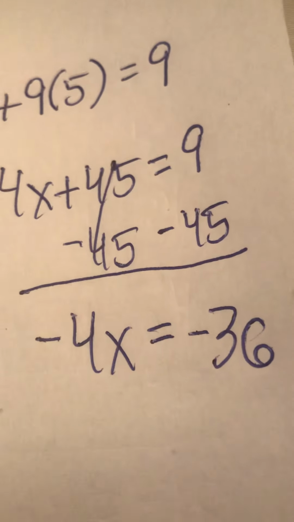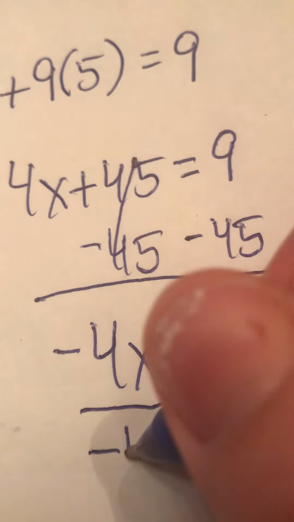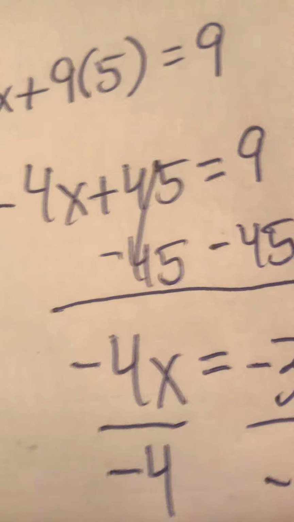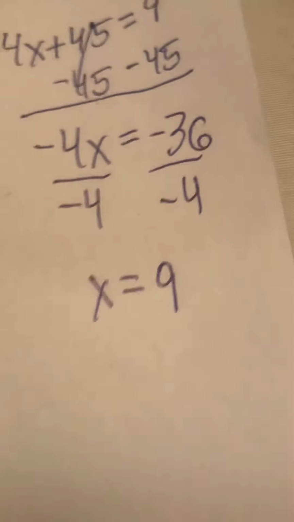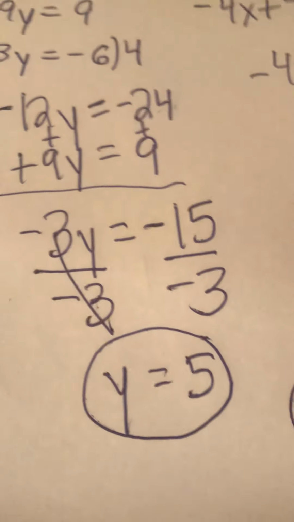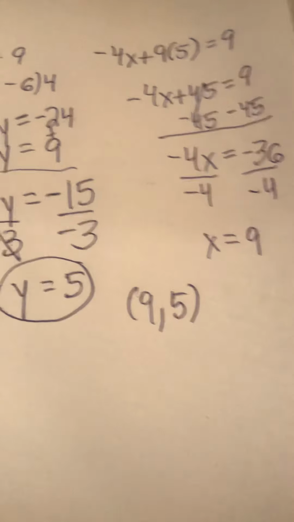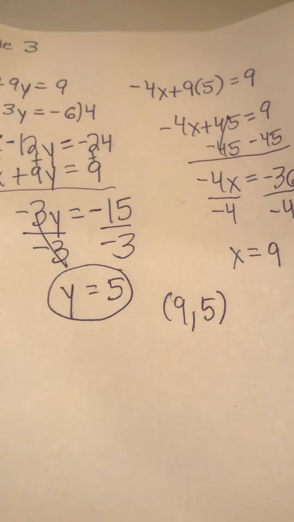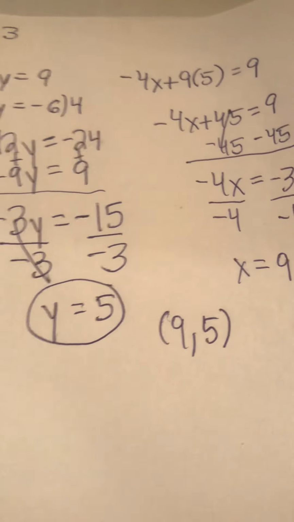We divide now by negative 4, and we get our x value as 9. So the solution to this is (9, 5). That is our solution to that system, and thank you for listening.